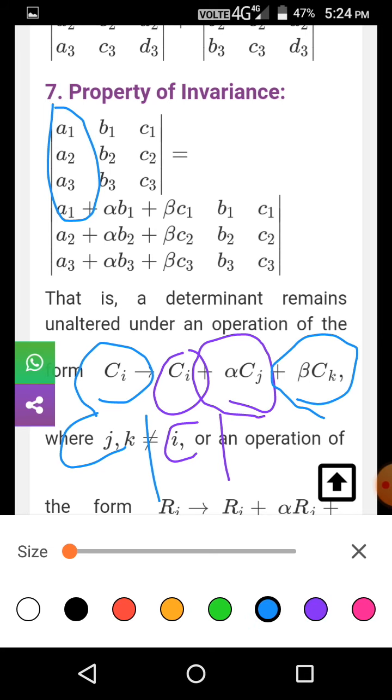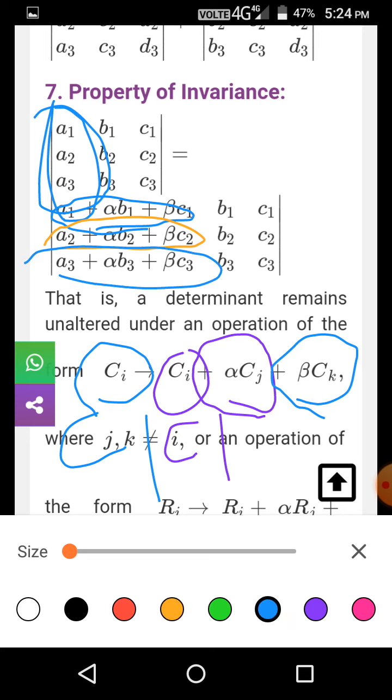Look at this: a1 plus alpha times b1 plus beta times c1 is our first entry. The first column has changed by this rule, and the others are also changed by the same rule: a2 plus alpha times b2 plus beta times c2, and a3 plus alpha times b3 plus beta times c3. This is called the property of invariance, a very important property.